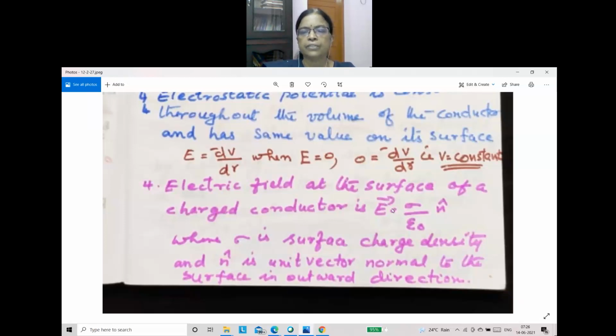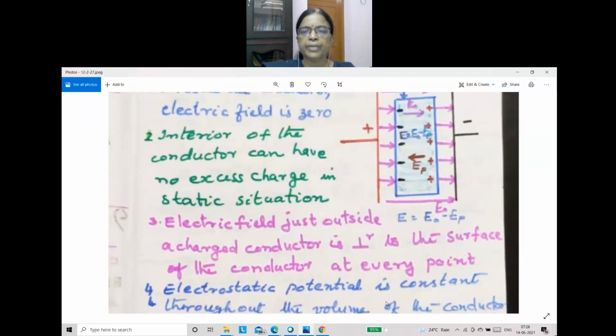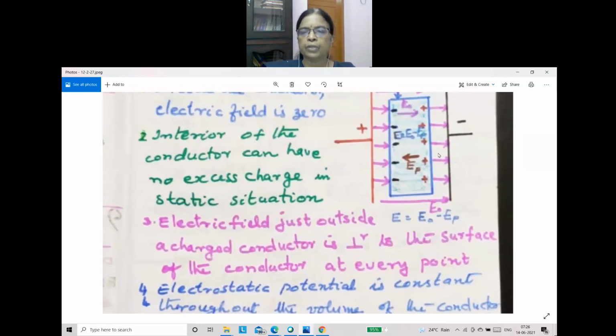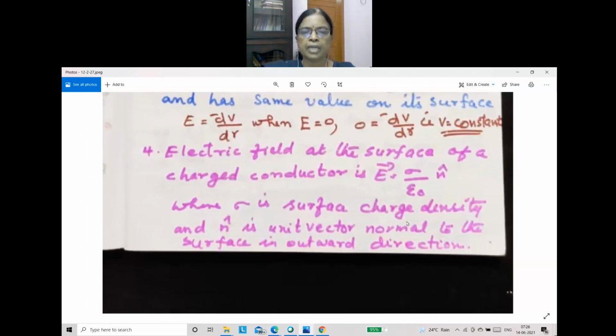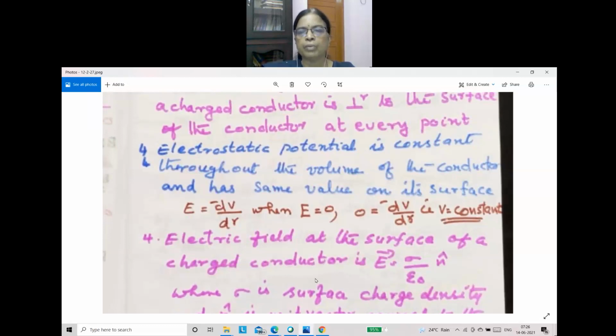I told you, electric field is only there on the surface of the conductor, and its magnitude is sigma by epsilon 0 into n cap as a vector quantity.